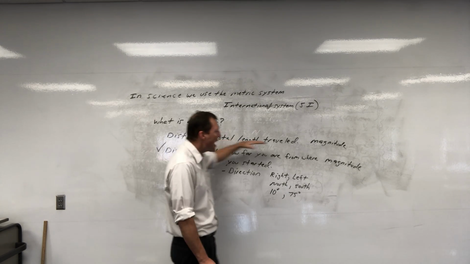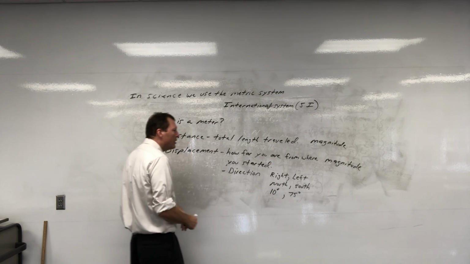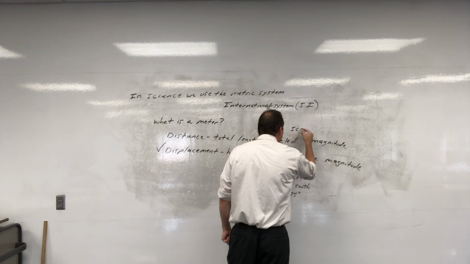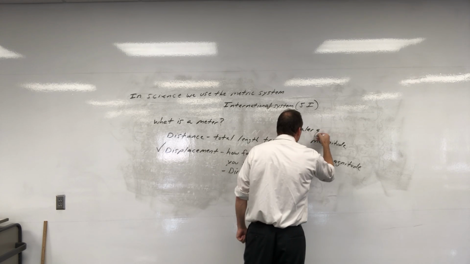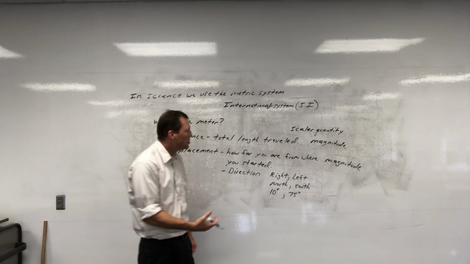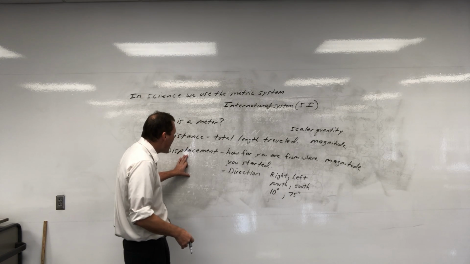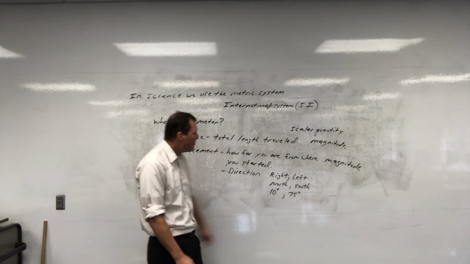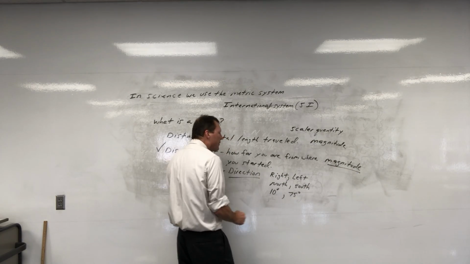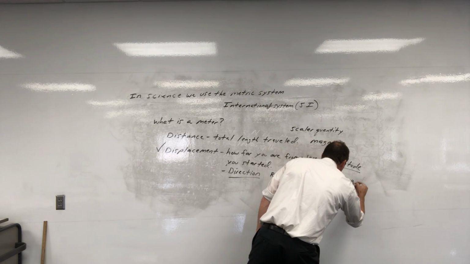Distance only has a magnitude. So if a quantity, like distance, only has a magnitude, it's referred to as a scalar quantity. If a quantity, like displacement, has both magnitude and direction, then it's referred to as a vector quantity.